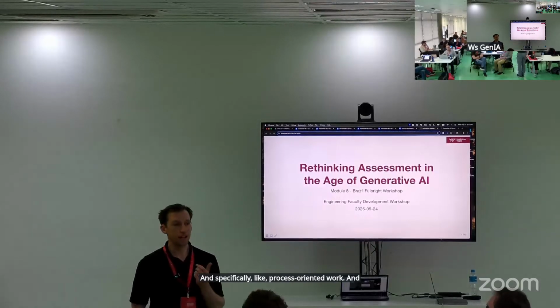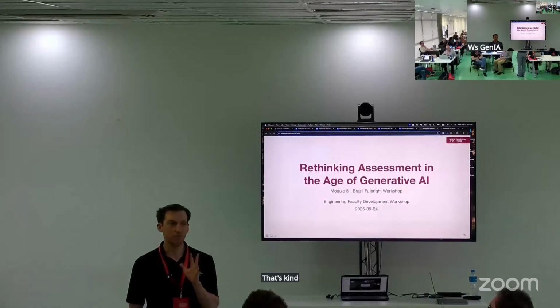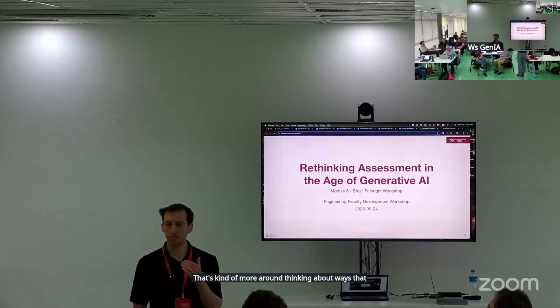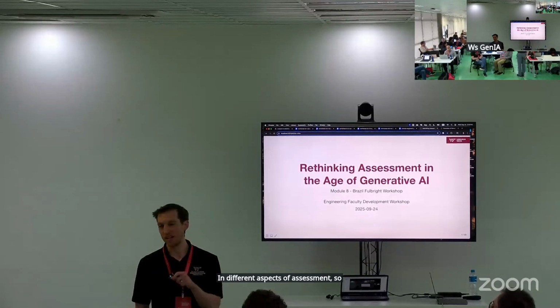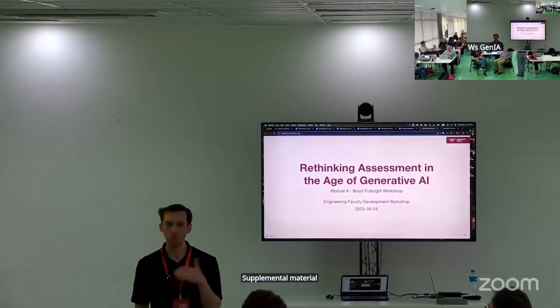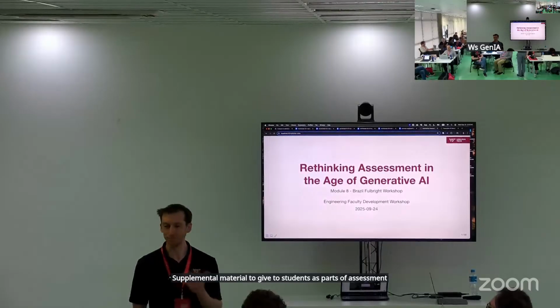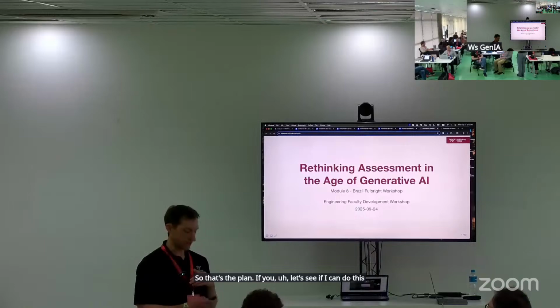And at the end, there's an activity around thinking about ways that you might use AI to help you in different aspects of assessment. So designing parts of assessment, designing supplemental material to give to students as parts of assessment, things like that, okay? So that's the plan.